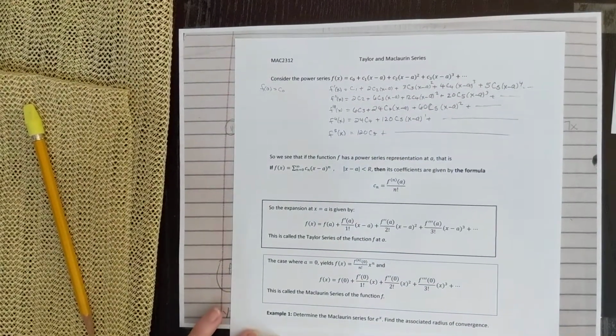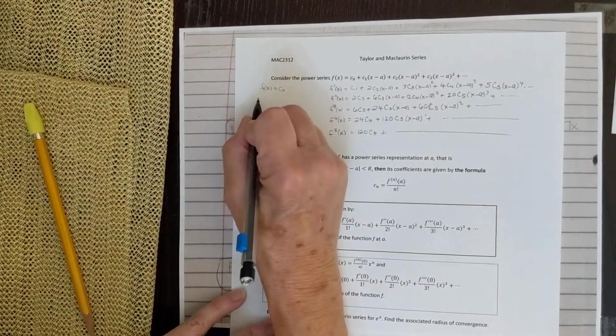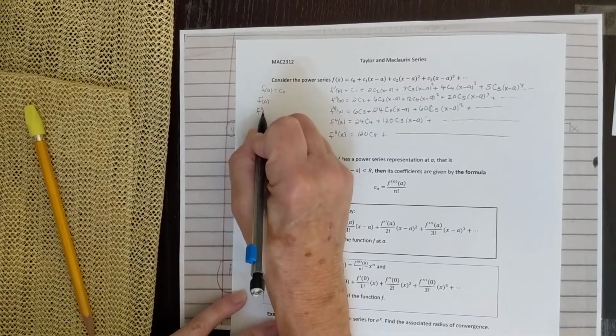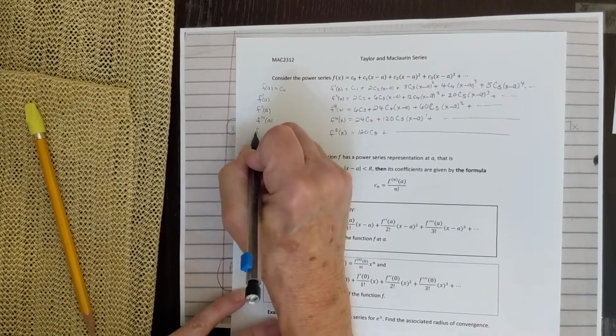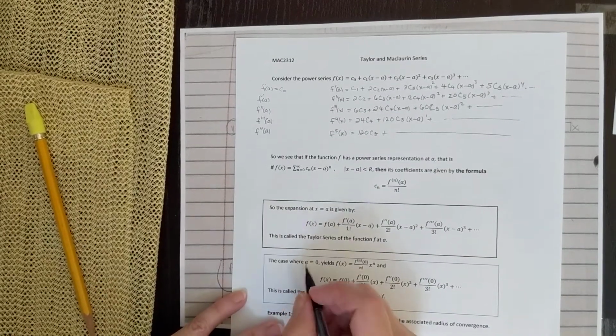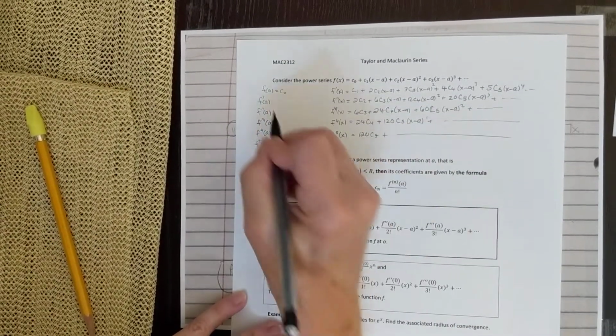Okay, so let's see what would happen if we let x be a. So if we say f of a, f prime of a, f double prime of a, f triple prime of a, the fourth derivative of a, and so on, the fifth derivative of a, what do we get here?